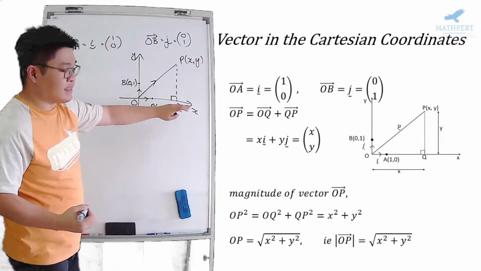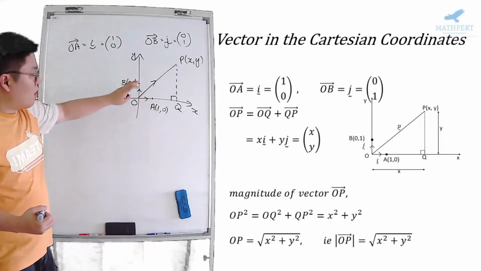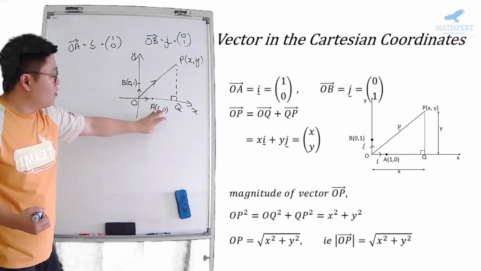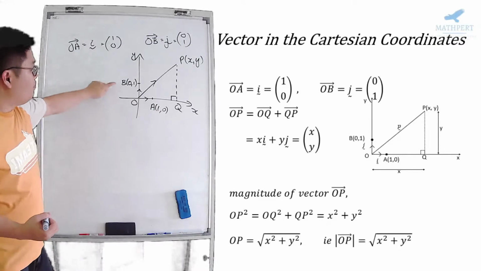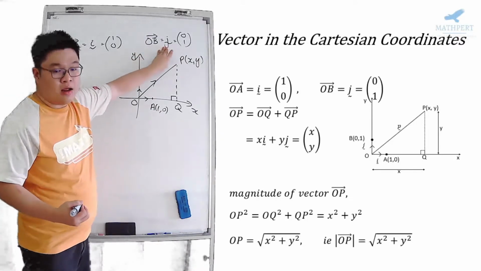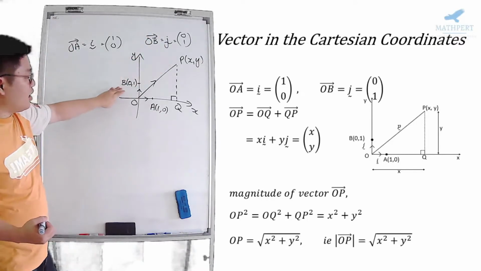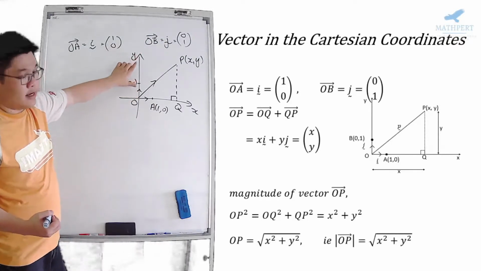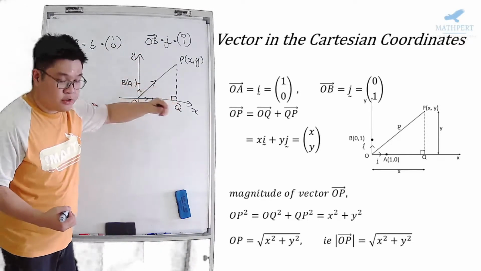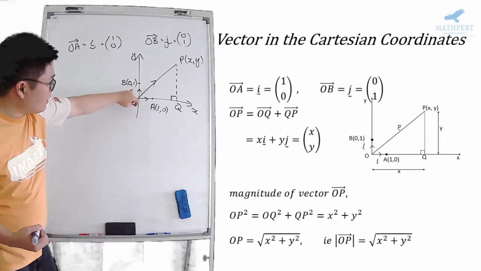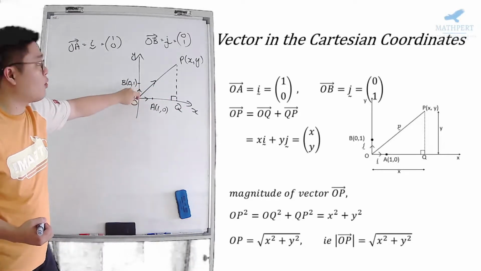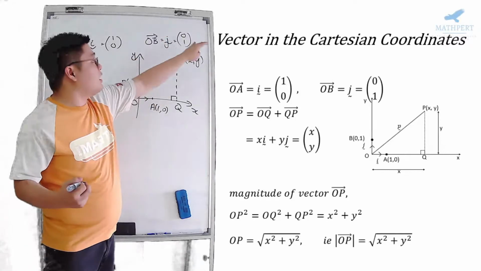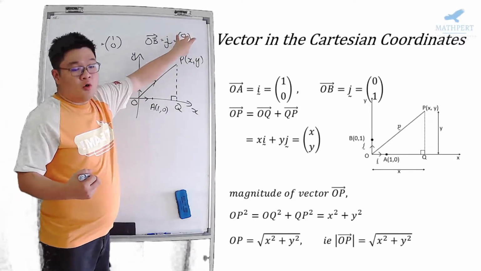A is on the x-axis, therefore y is equal to 0, x is equal to 1. OB is equal to j, so the coordinate of B is 0, 1. This is on the y-axis, where x equals 0 and y is 1. So the column vector is 0, 1.